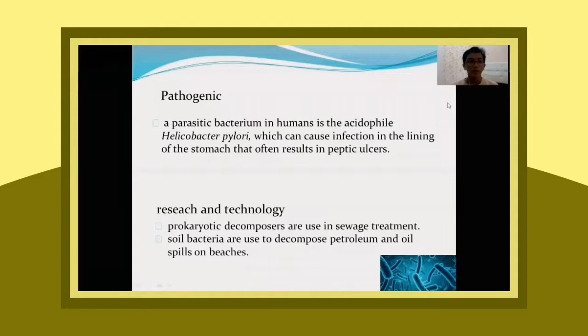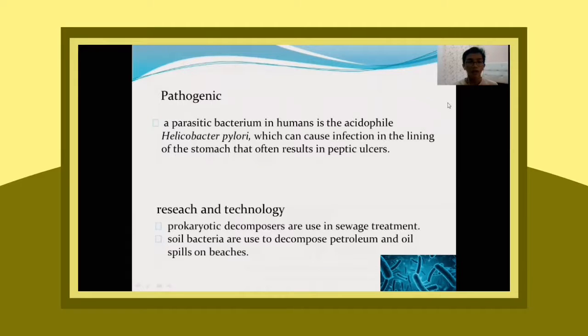I will continue with my friend on the importance of the kingdom bacteria. The third one is pathogenic. A parasitic bacterium in humans is Helicobacter pylori, which can cause infection in the lining of the stomach that often results in peptic ulcer.